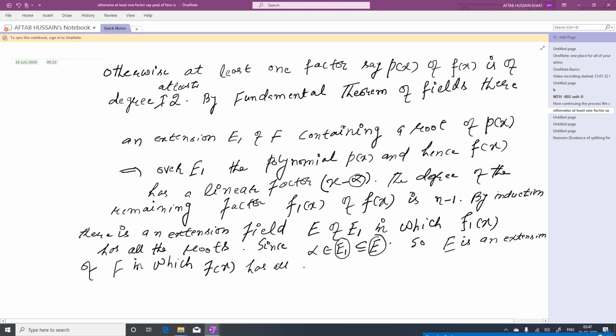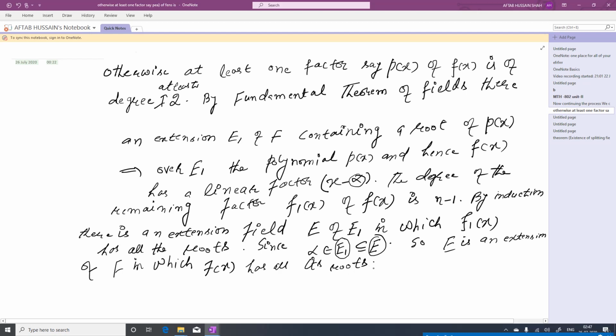So we are able to find an extension field of F containing all the roots of this polynomial f(x).